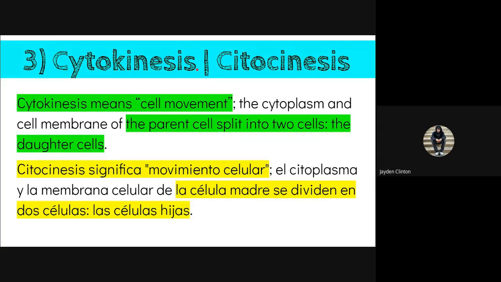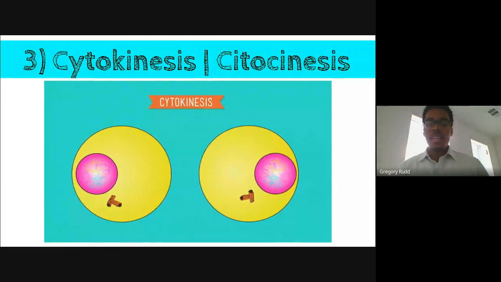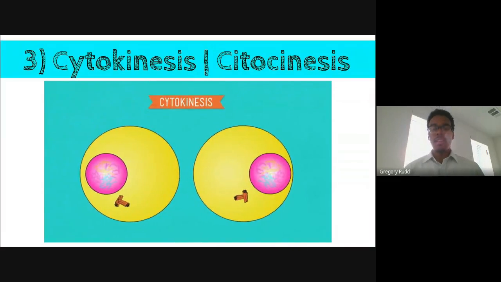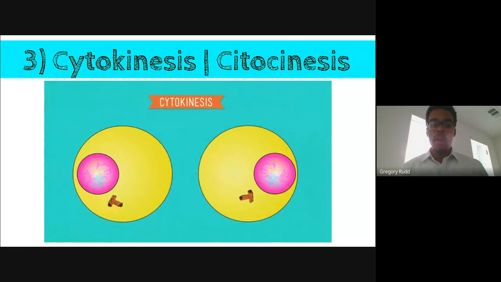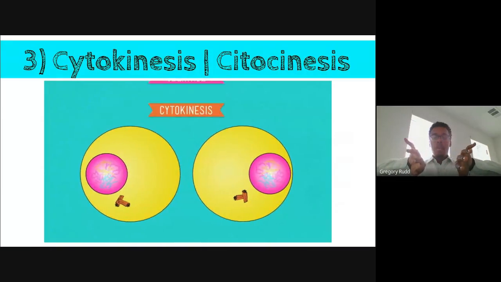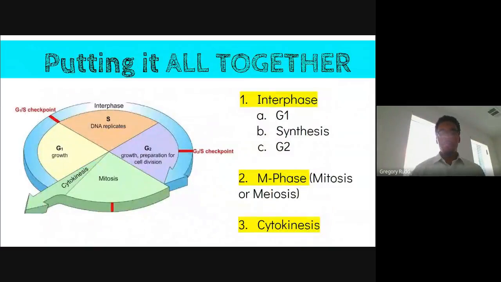So you can't really see in this animation how they start off as one cell, but essentially they get cleaved, which means they get separated from one another. And then cytokinesis allows them to move apart from one another.